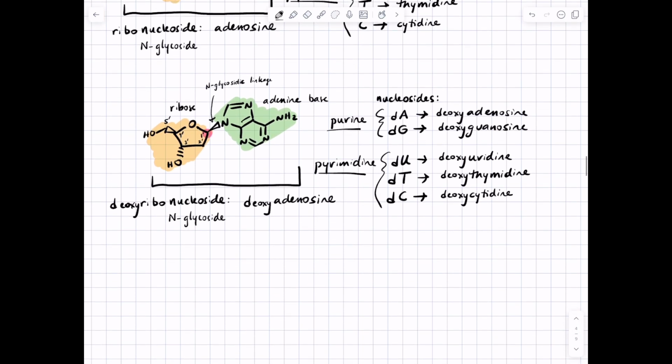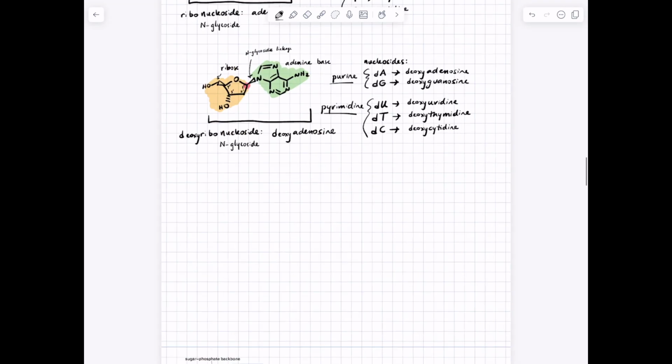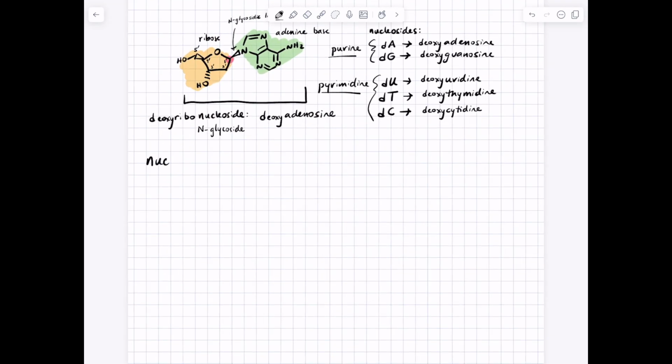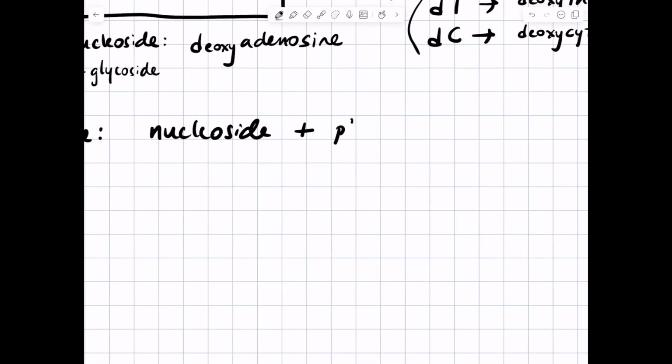What we want to talk about next are nucleotides. So a nucleotide is where you have the nucleoside, but we're going to add phosphoesters or add phosphate groups.